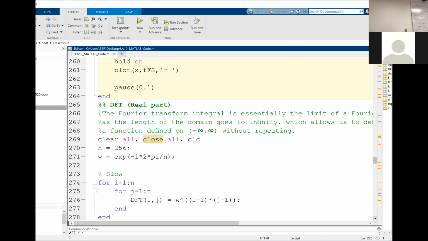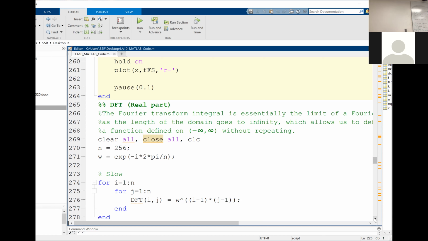So what is Fourier transform? The Fourier transform integral is nothing but the limit, and this is very important. To be honest with you, I understood this very late in my life, but I want you to understand this when you're starting your graduate education. What is the relationship between Fourier series and Fourier transform?